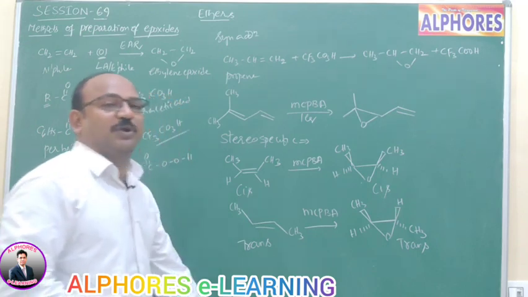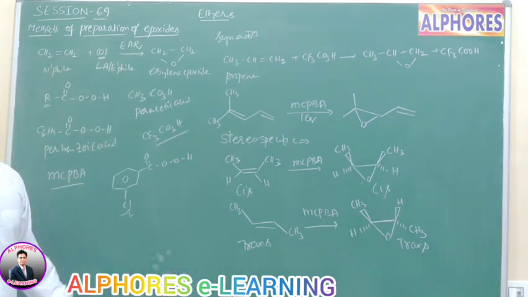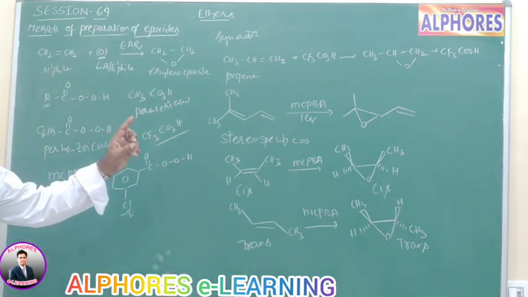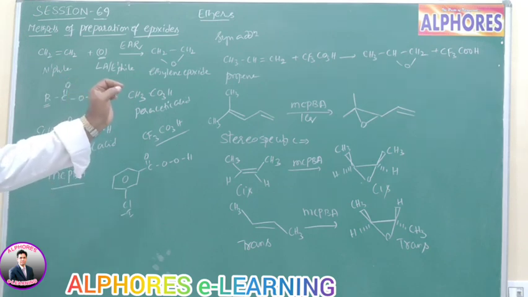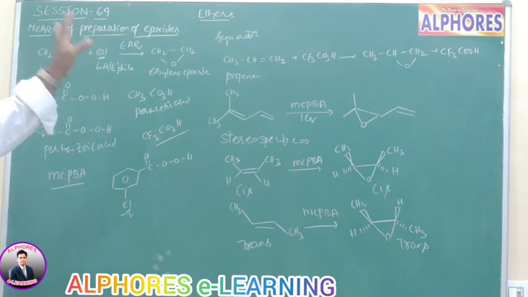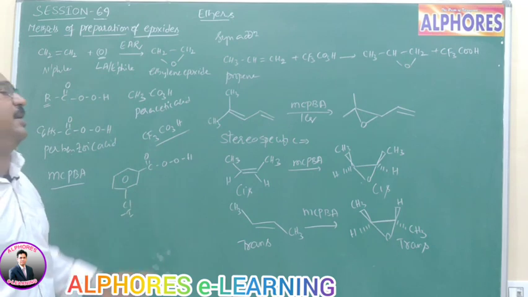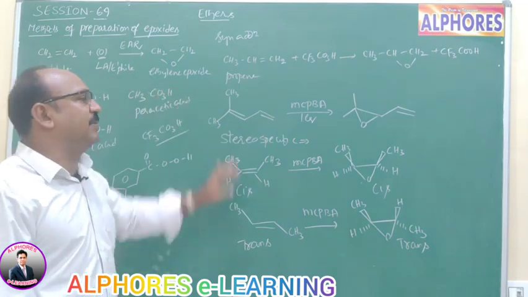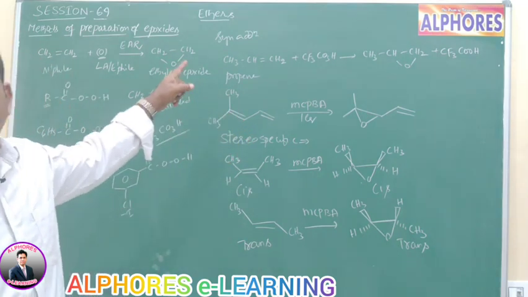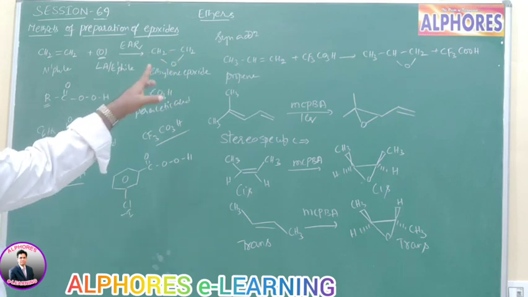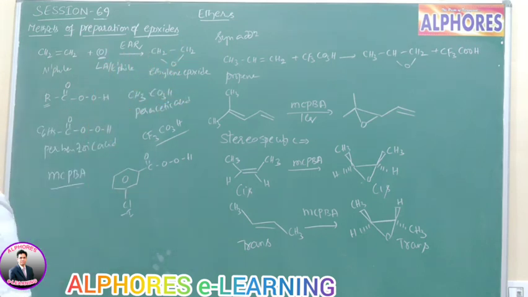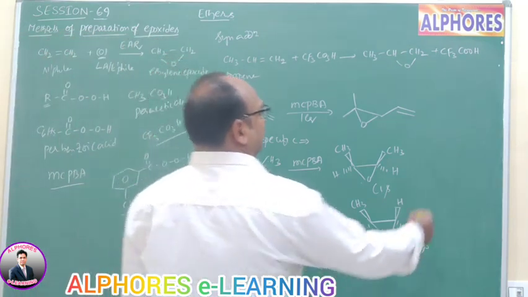So this reaction is called a stereospecific reaction. Epoxidation is a stereospecific reaction. Electrophilic addition takes place in a single step. The more electron-rich double bond gets readily oxidized. Now try to write the mechanism for this compound.